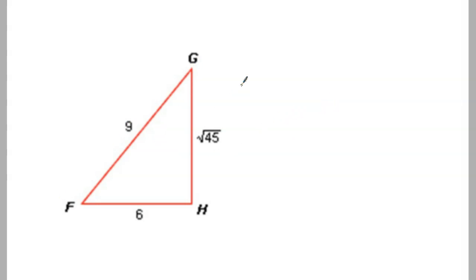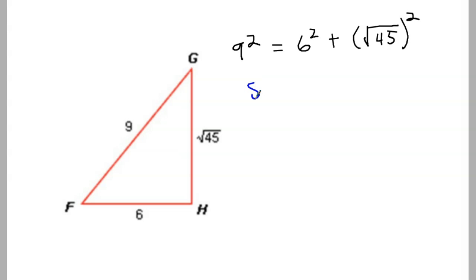Here the longer side is 9, so 9 squared equals 6 squared plus square root of 45 squared. Okay, here that gives us 81, 36, and let's remove this, so 45.